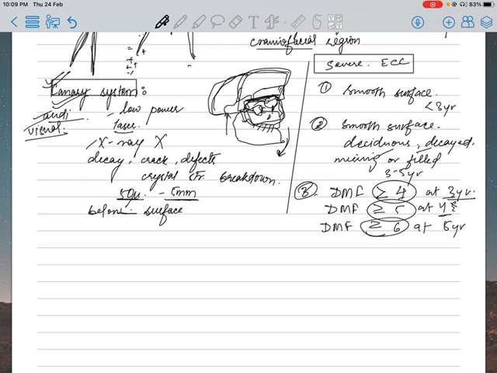Now keystone 4 is the comprehensive caries care plan.